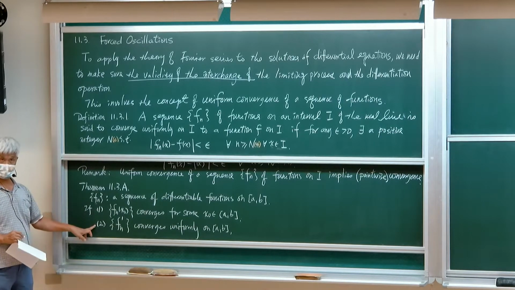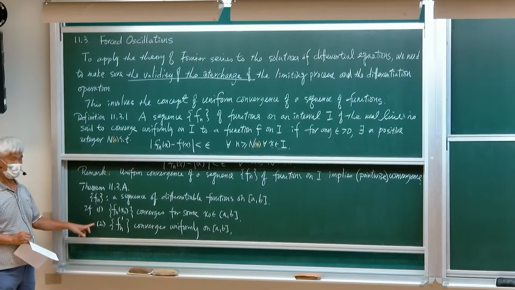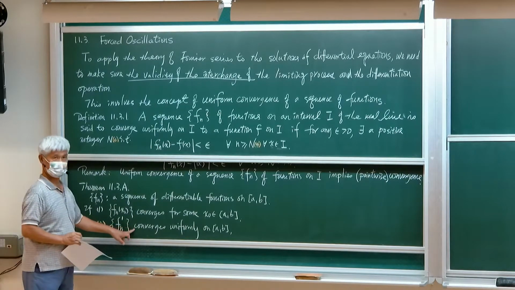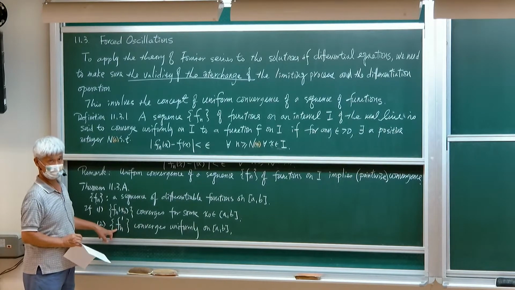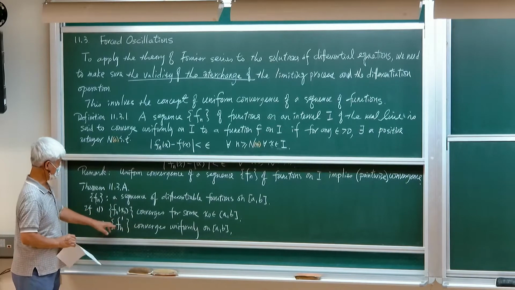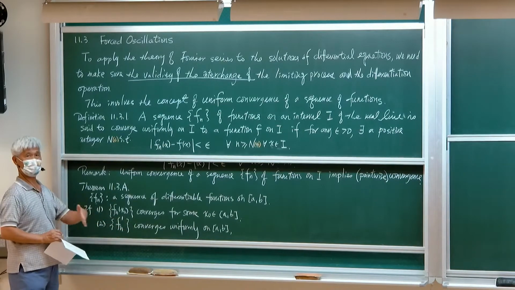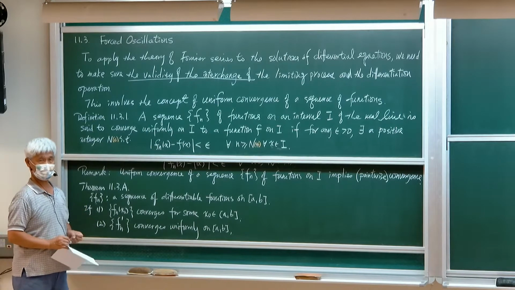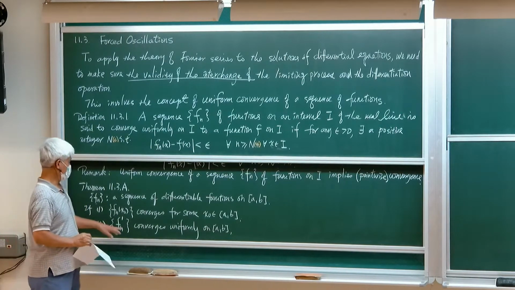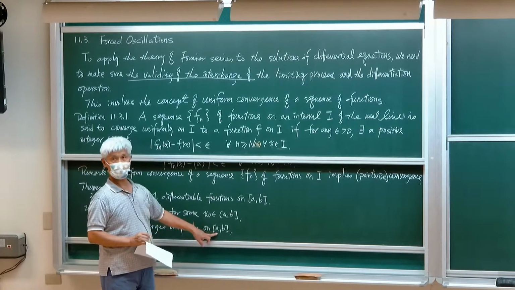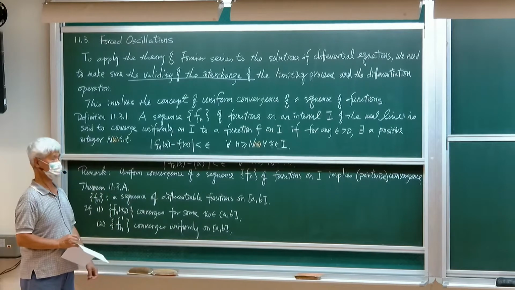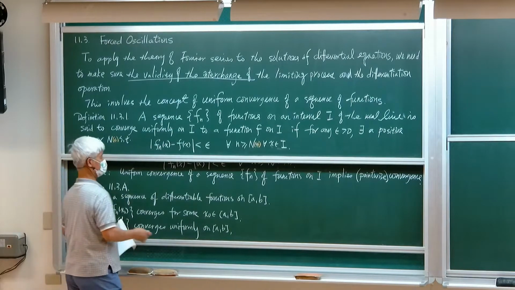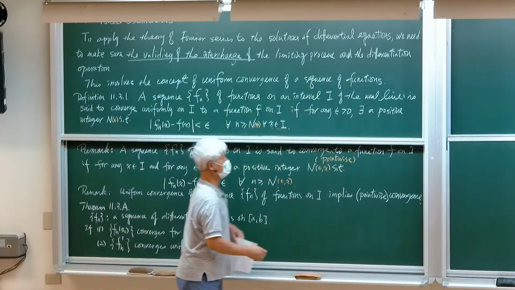But the second one is a major condition because it asks for uniform convergence of the derivative of Fn. So the derivative of Fn will converge to a function on the same finite closed interval, uniformly.